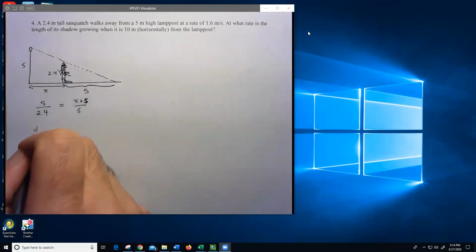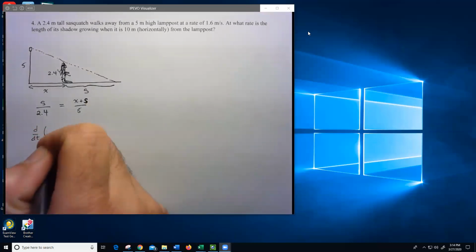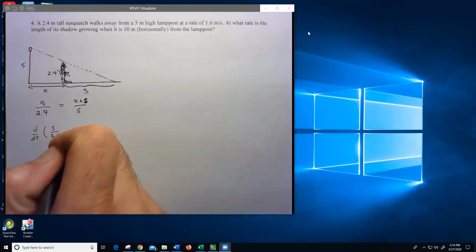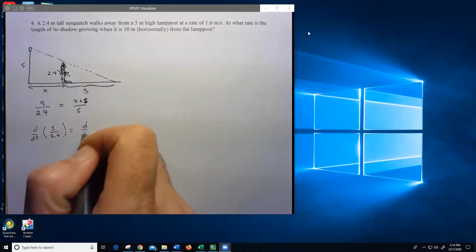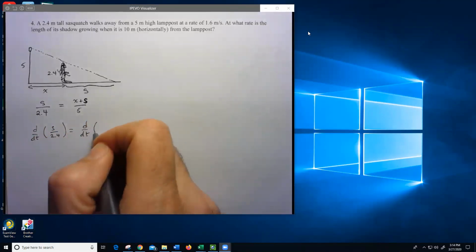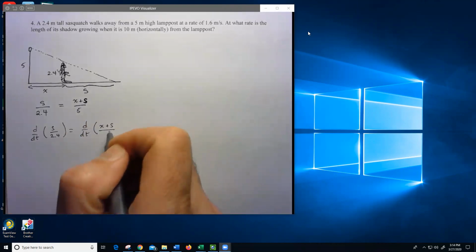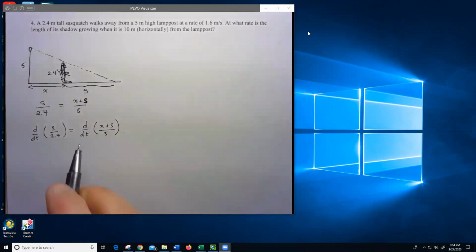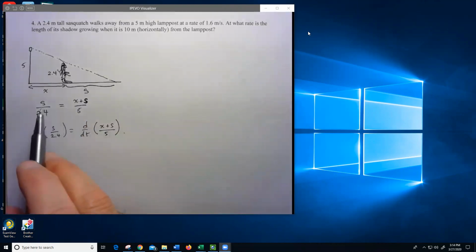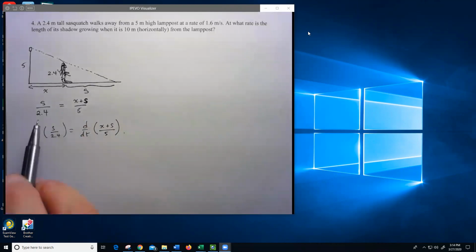So we have d/dt of s over 2.4 equals d/dt of (x plus s) over 5. By the way, I think it might have actually been a little simpler had I used the other way, but in the end, this will work out, no problem.